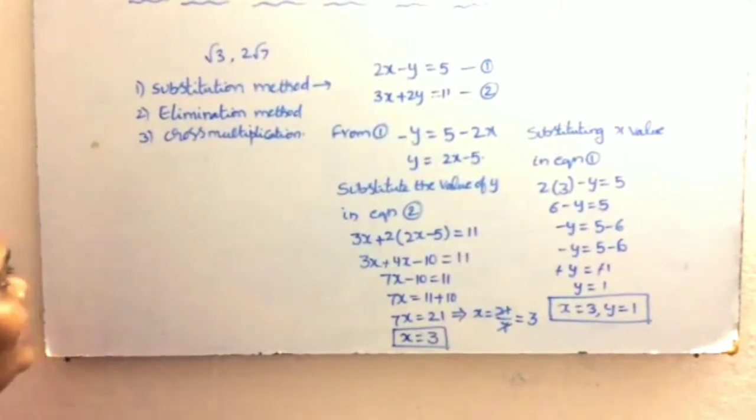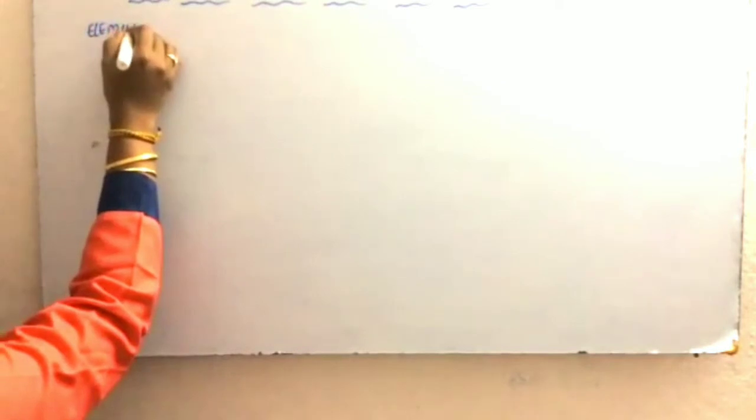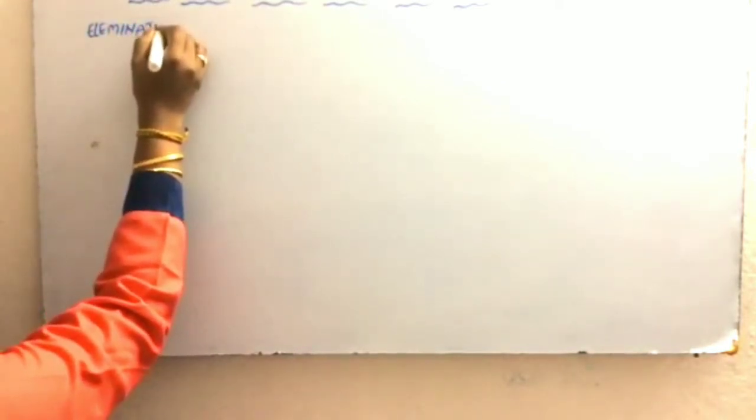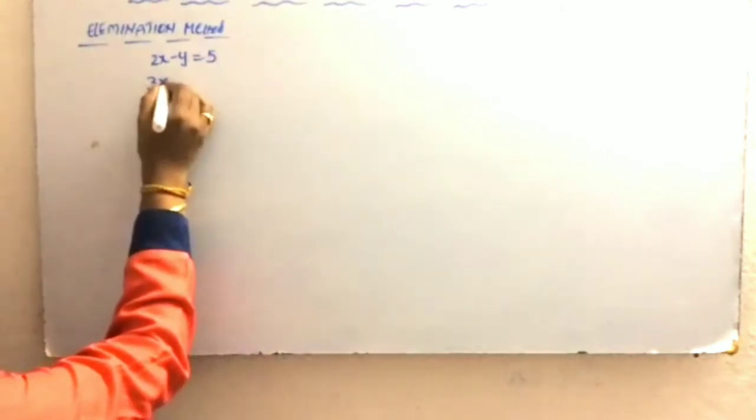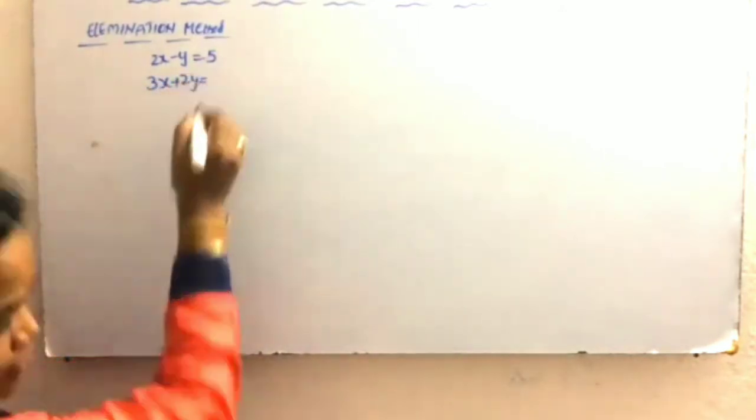Now the second one is the elimination method. I will take the same equations, 2x minus y equal to 5 and 3x plus 2y equal to 11.